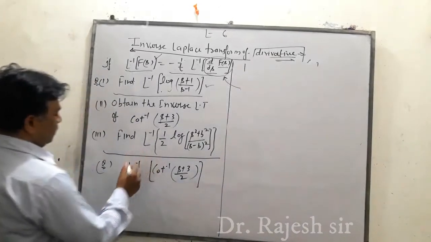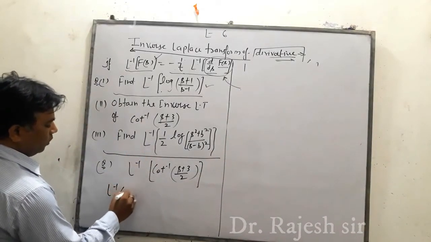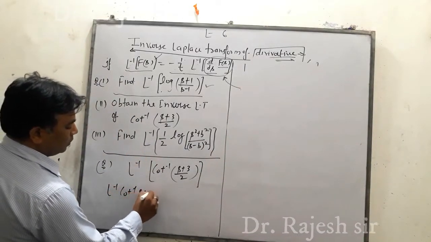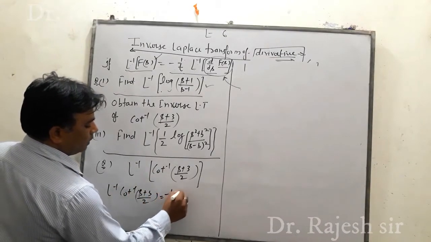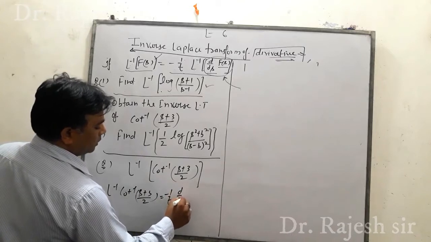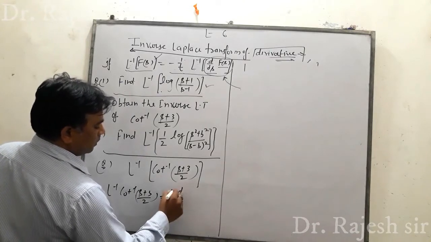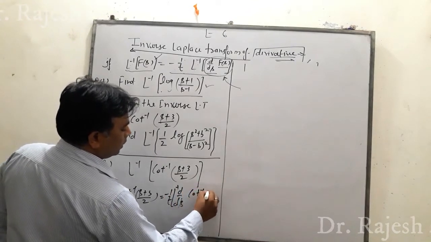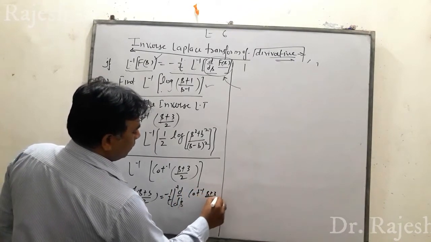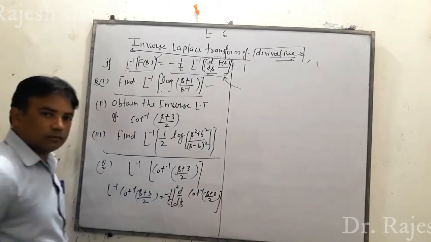Now, the Laplace inverse of cot inverse of (s plus 3) upon 2 equals minus 1 by t times the inverse Laplace of d over ds of cot inverse of (s plus 3) by 2.